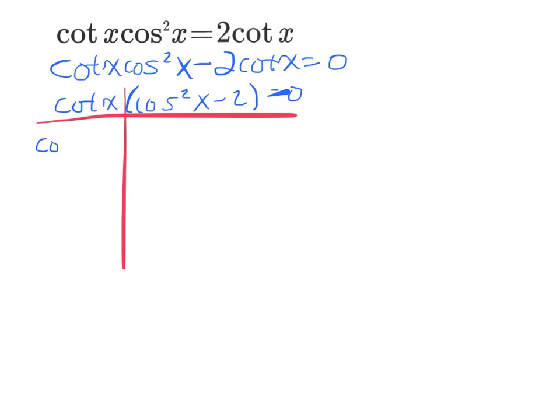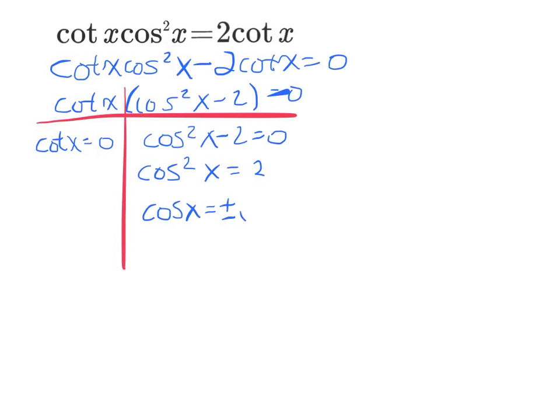So we had cotan equals 0, or that the other factor equals 0. Now if you remember with this one, we got that cos was equal to plus or minus radical 2, which is no good because radical 2 is greater than 1. So there's no solution to this equation right here.